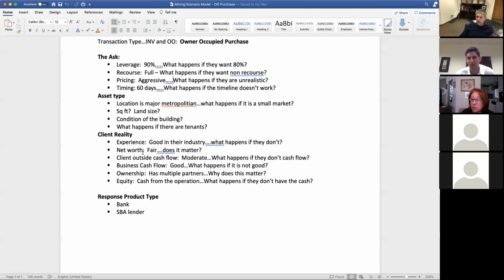It's probably all invested in assets or in different areas. They only have, let's say, $20,000 in cash and that's it. But their business is producing really good revenue and enough cash flow that the loan will be fine. Does that still have an impact on the loan being done?